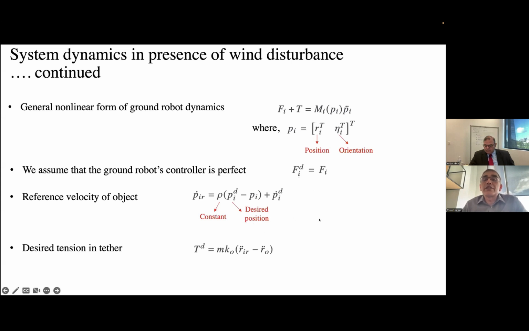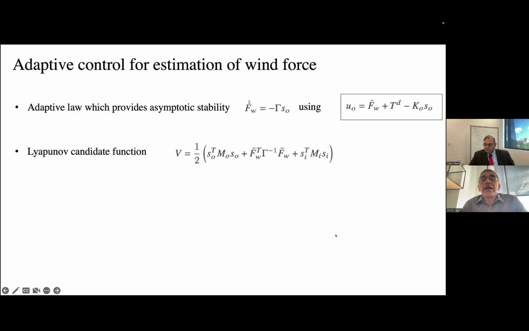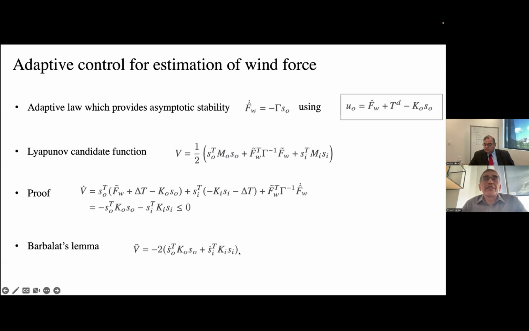We assumed that the robot controller is perfect, so it applies the desired force that is needed from the controller. So the desired tension can also be written in this form, and based on that we write down the candidate Lyapunov function, and then prove that the Lyapunov function will be bounded.